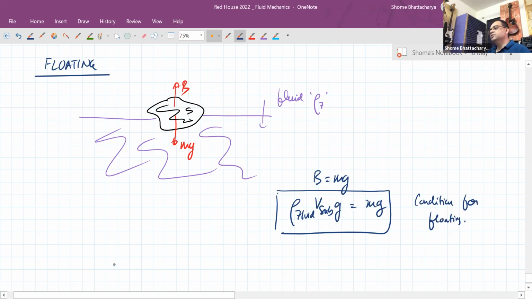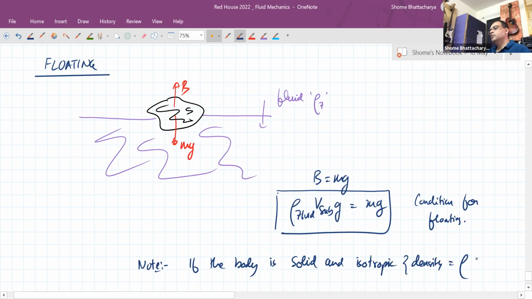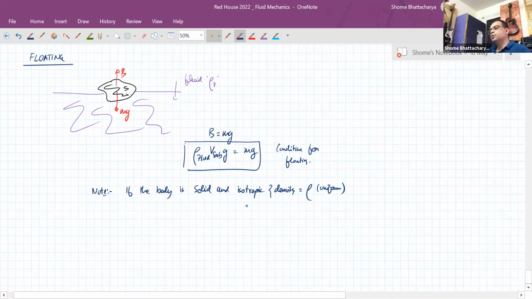Now, additionally, in this condition, we'll see that if the body is solid and isotropic, that means it has uniform density, let's say rho, which is uniform. In that case, we can further reduce this formula. So we can say that the mass of the body will be that uniform density into its total volume.